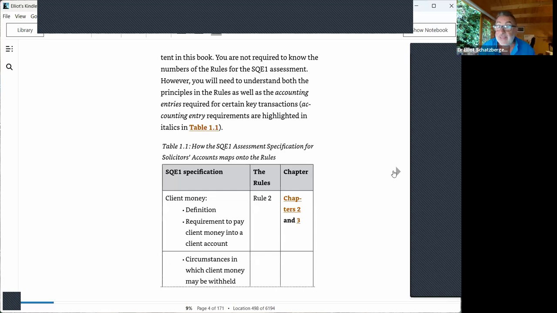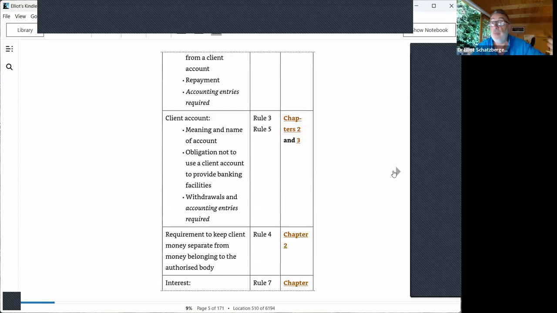Now, this nice little table tells you that client money is talked about in rule number 2 of the Solicitors Accounts Rules. And then it cross-references the relevant chapter of this book, or if you like, of my lecture as I'm going through the course or my session on this topic. And this would be chapter 2 and chapter 3. It then goes on to talk to you about when client money can be withheld from a client account. What is a client account? Keeping it separate.